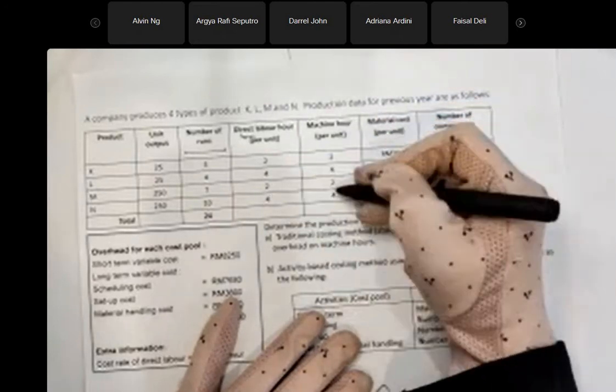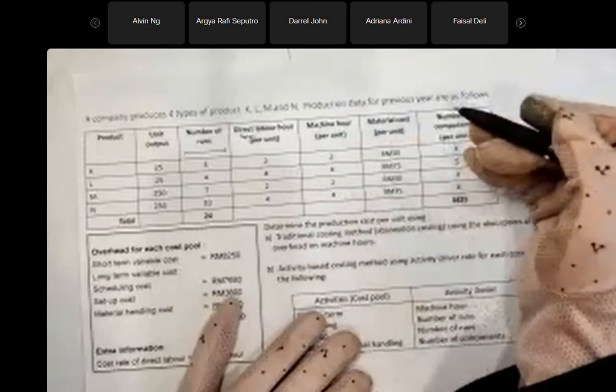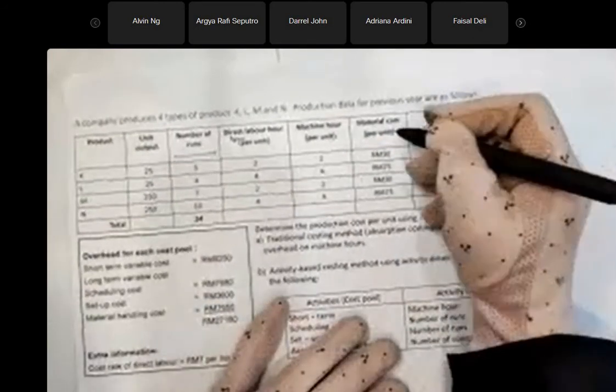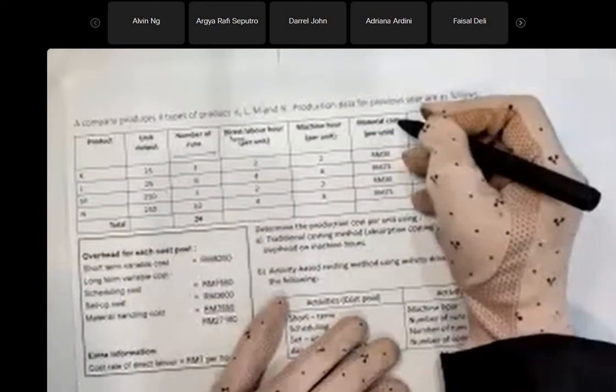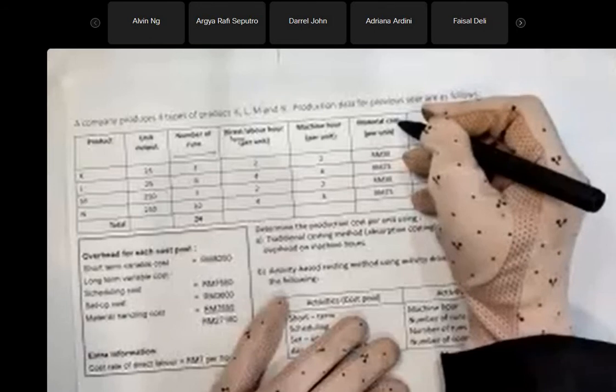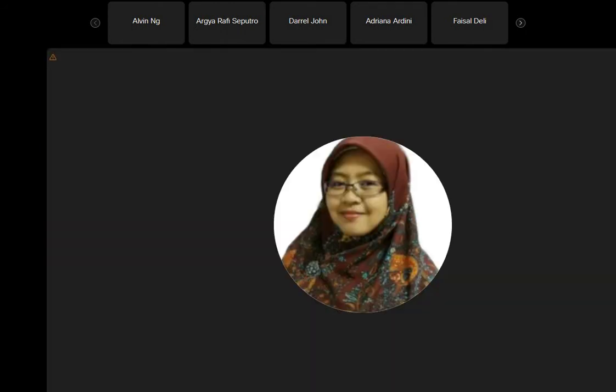Coincidentally it is the same. Then material cost means RM per unit, and then the number of components per unit.